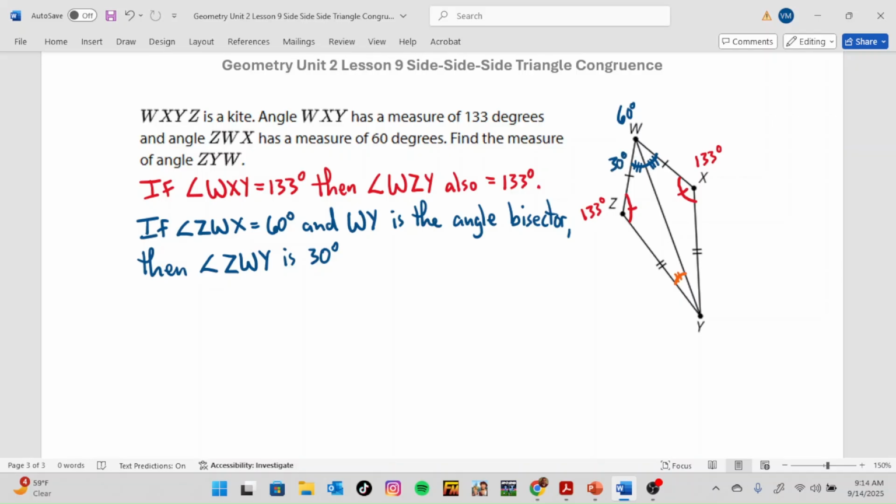Because half of 60 degrees is 30 degrees.